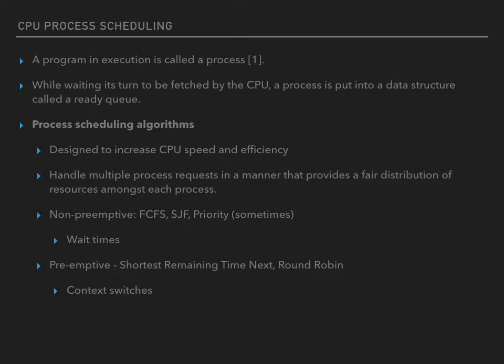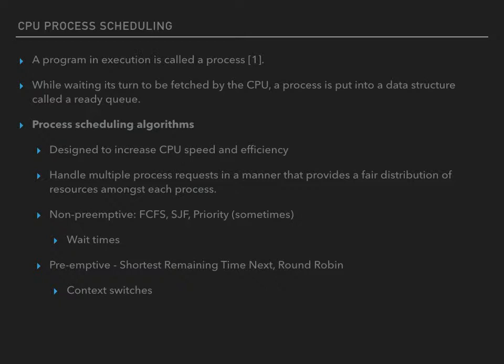Process scheduling algorithms are designed to increase CPU speed and efficiency. They are designed to handle multiple process requests in a manner that provides a fair distribution of resources amongst each process. There are several different process scheduling algorithms, which we will go over. These are classified as either non-preemptive or preemptive.